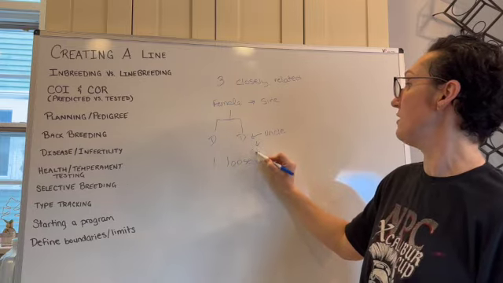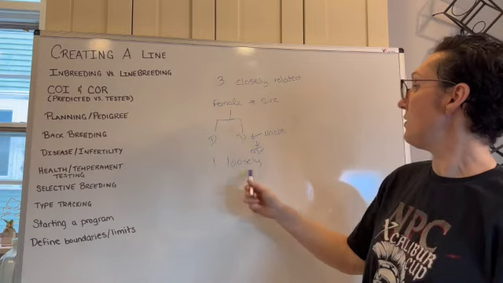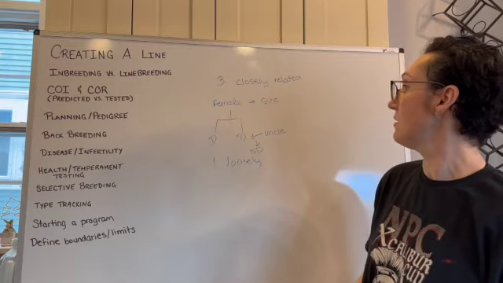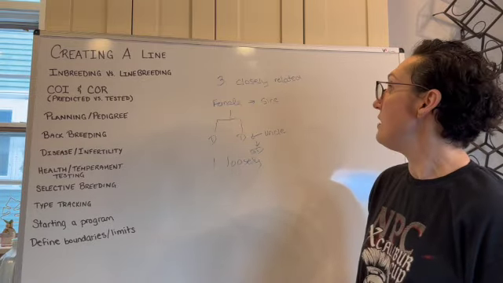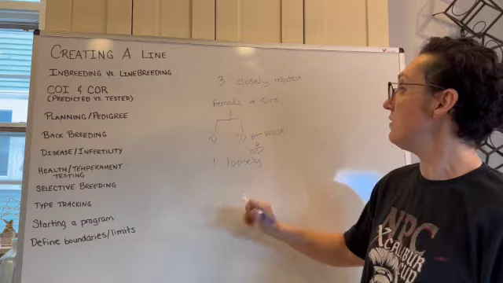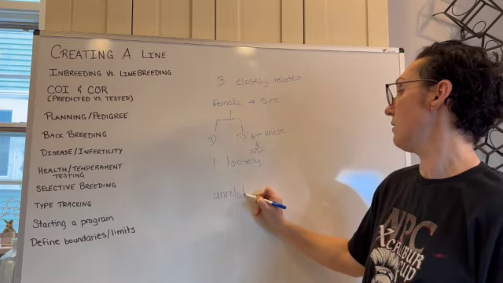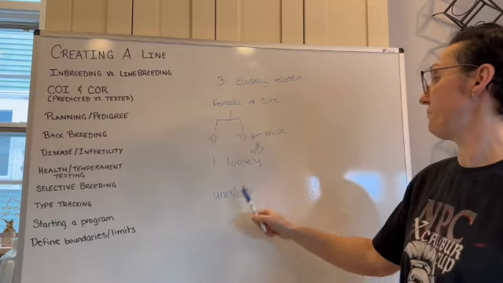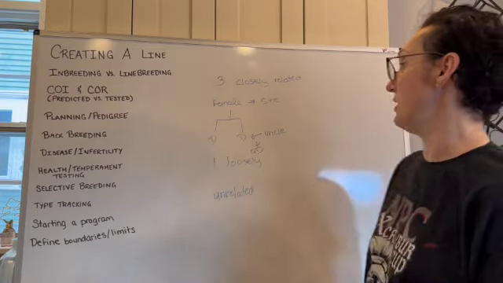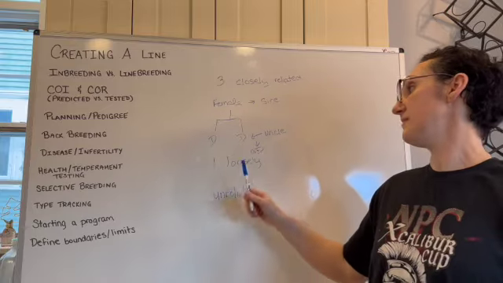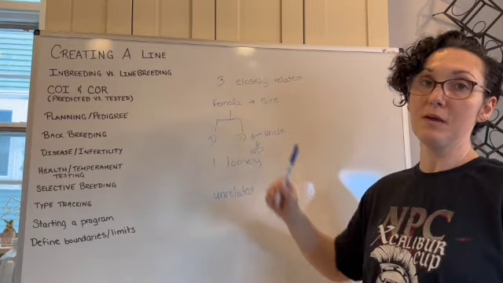We'll say granddaughter. So now you have that one loosely related. And then you want an unrelated dog. But your unrelated dog should have the traits that you already were going for.